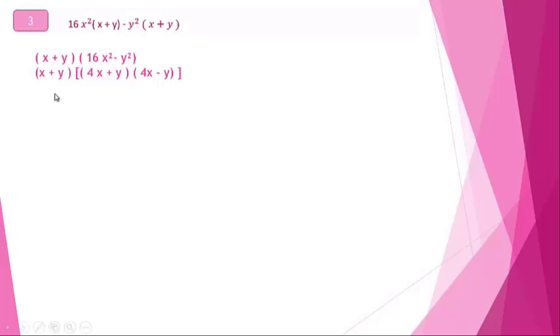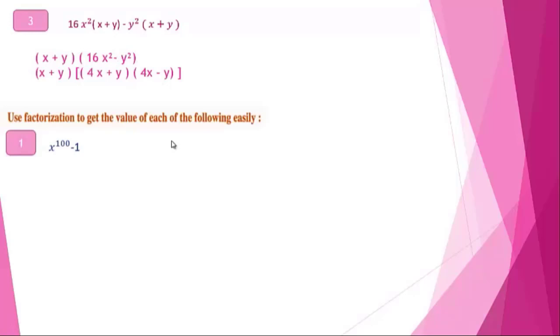This expression, 16x squared minus y squared, we say is the difference of two squares. We open two brackets and put the root of the first term, 4x, and the root of the second term, y, plus in the first bracket, minus in the second bracket.